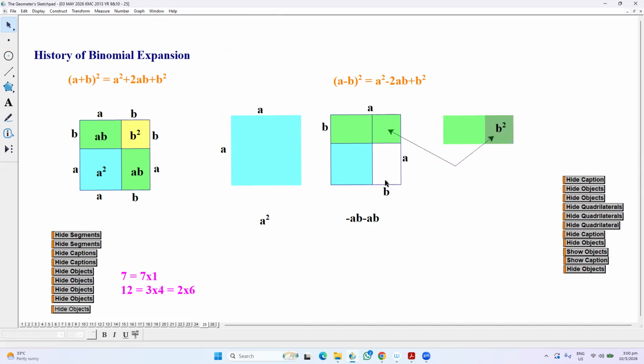The overlap is here, another AB. So the whole thing is A square minus AB twice, but because of the overlap, you must add back the B square. So from the algebra, you get the name, completing the square.